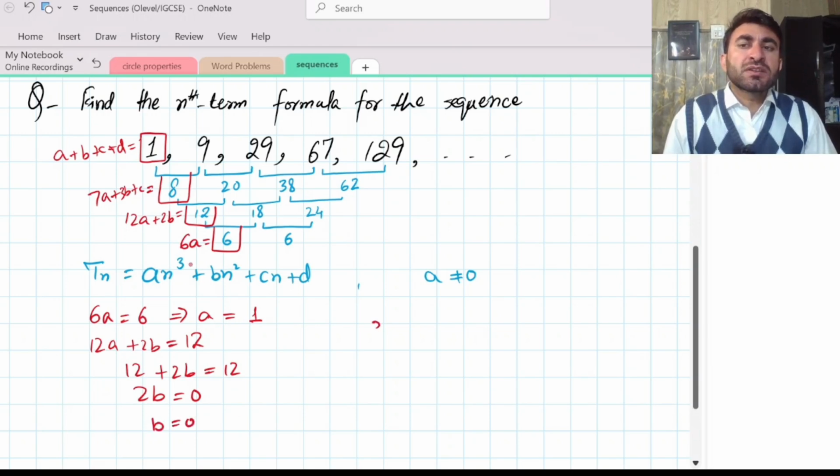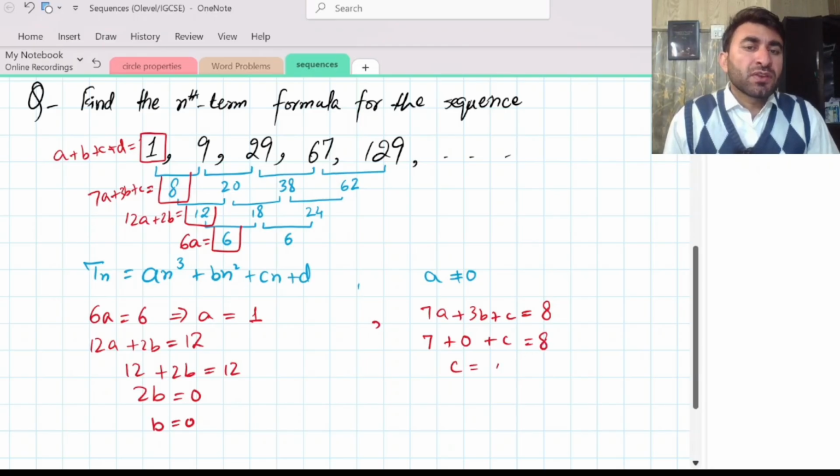Now the third equation, 7a plus 3b plus c equals 8. Replacing the values of a and b, 7a becomes 7 as a was 1, 3b becomes 0 because b was 0, plus c equals 8, then c becomes 1 because 7 plus 1 equals 8.